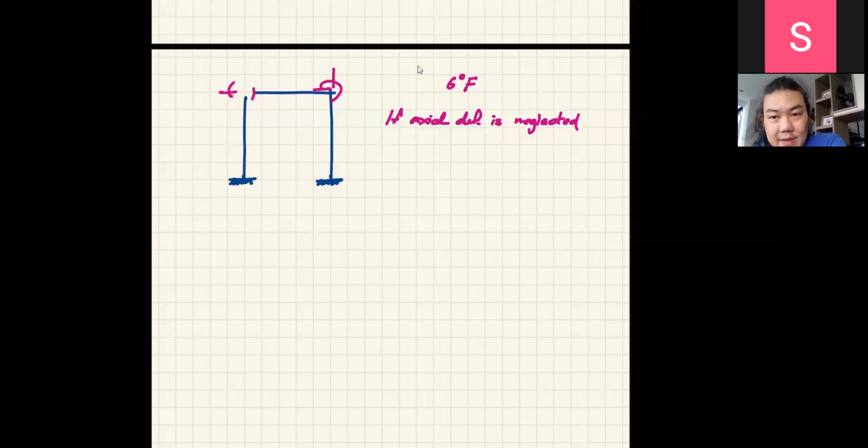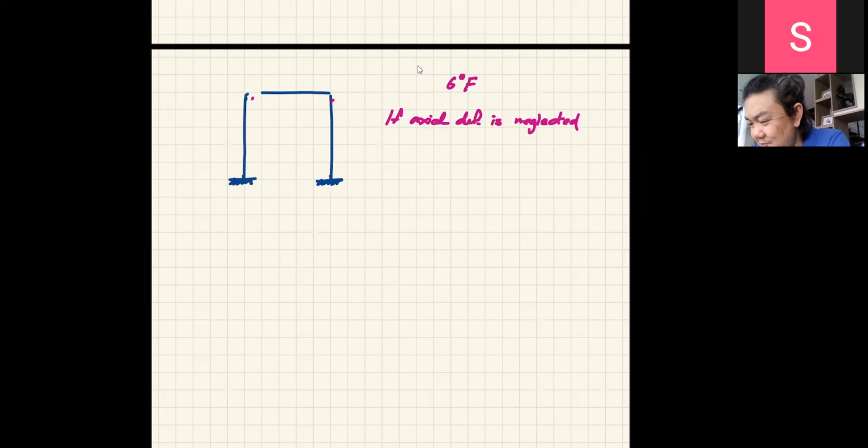It's going to be negligible, close to 0, because how much is your column going to be shortened by the axial force? It's not going to interfere much with the most dominating force in the member, which is the moment. So I can neglect this.